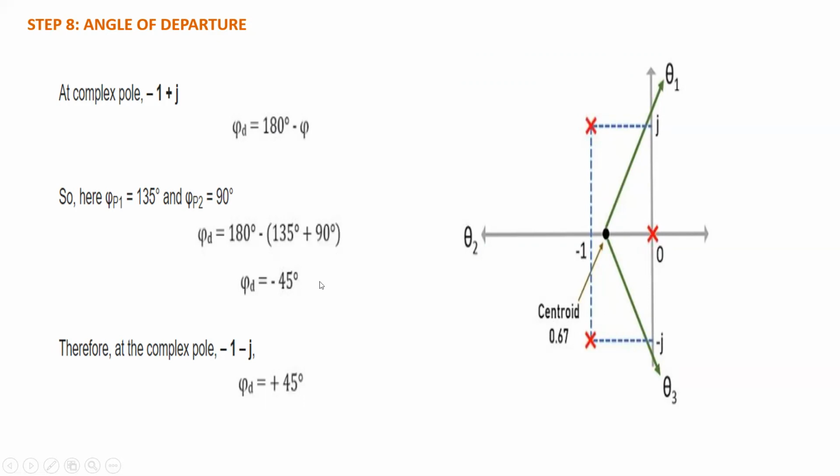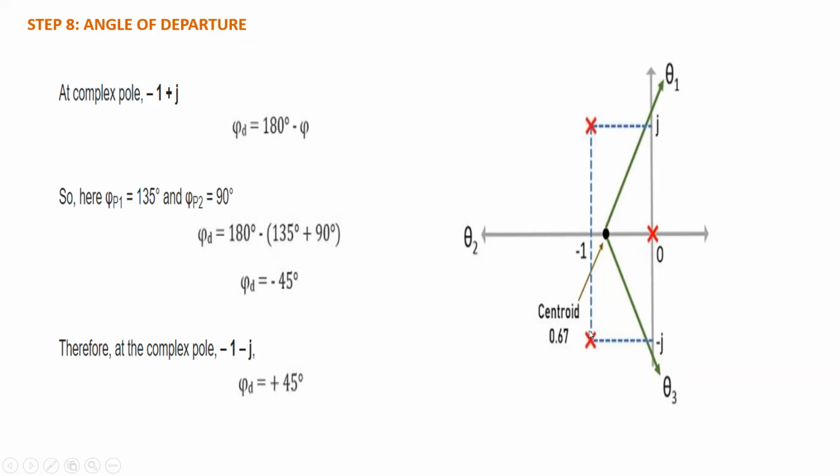If we substitute that, the angle of departure is minus 45 degrees. A positive angle refers to the anticlockwise direction and a negative angle to the clockwise direction. So starting from the horizontal real line, we go 45 degrees in the clockwise direction. That is the angle of departure in this direction, minus 45 degrees.